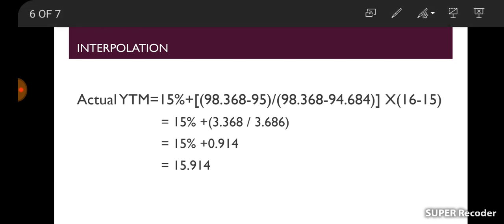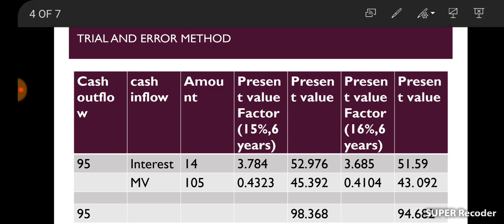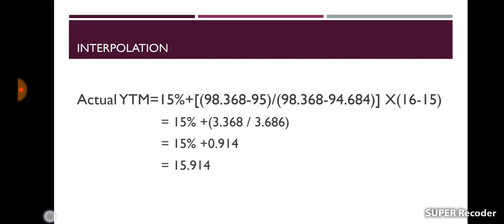So here the lower discount rate is 15%. P1, the present value at the lower rate, is 98.368, the present value at the higher rate is 94.682, and our cash outflow, that is Q, is 95. So we are applying all these in the equation: 98.368 minus 95, divided by 98.368 minus 94.684, into 1, that is 16 minus 15.